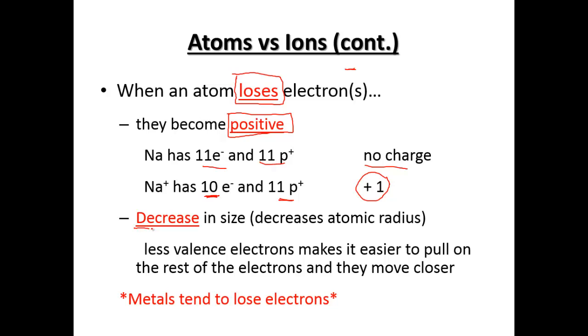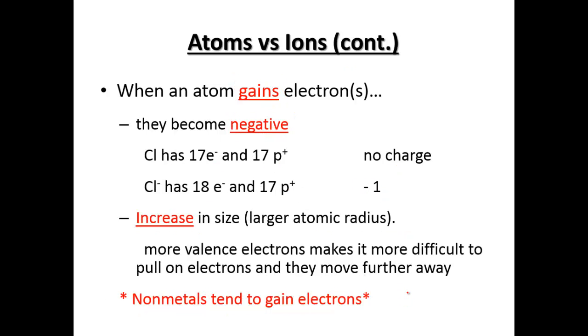Generally, you're going to decrease the size, or have a smaller atomic radius. Fewer valence electrons makes it easier for them to be pulled towards the nucleus. Add this in as a note: metals tend to lose electrons.